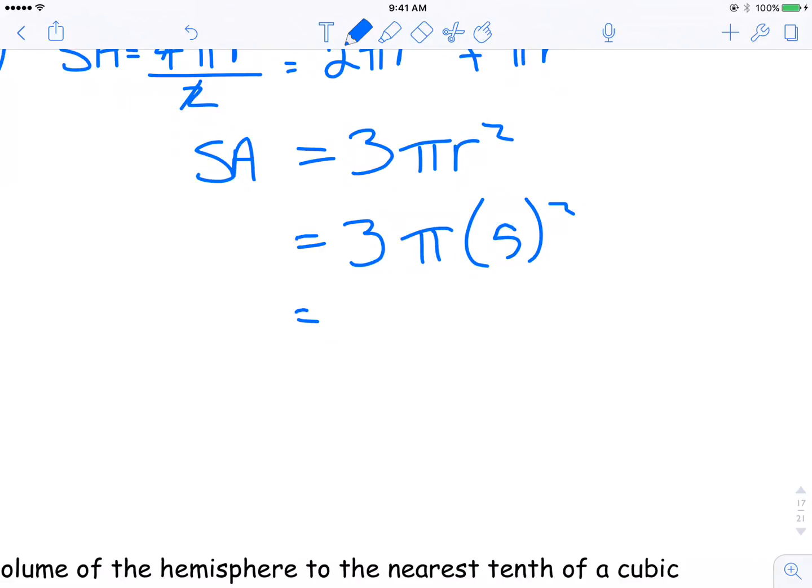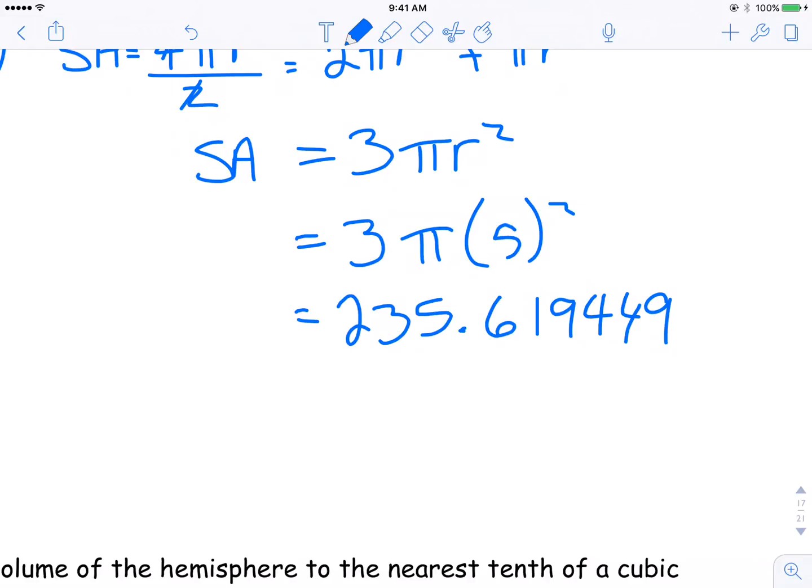Which works out, on your handy dandy calculator, to 235.61944. I'm going to quickly double check that, so bear with me for a second. 75 times pi is 235.61944.